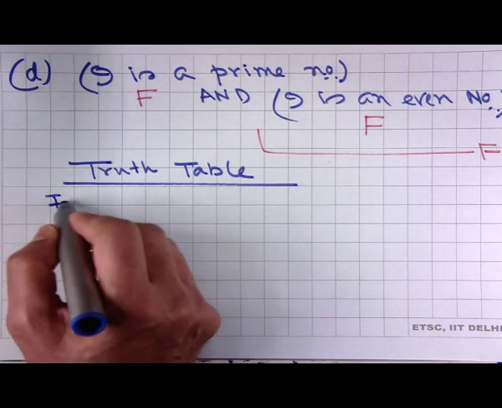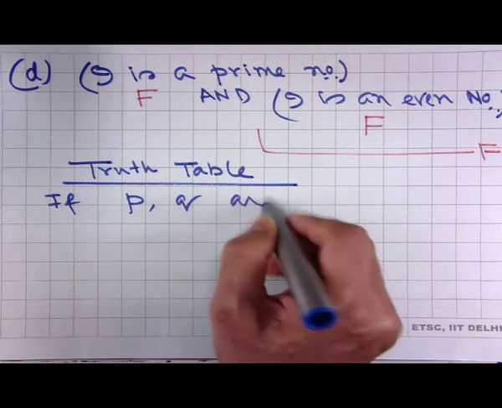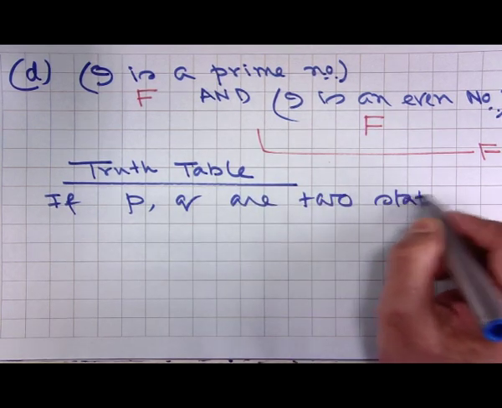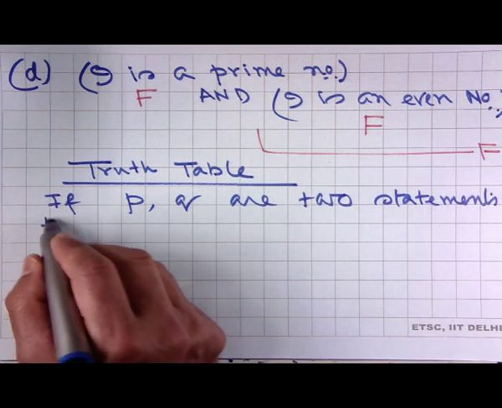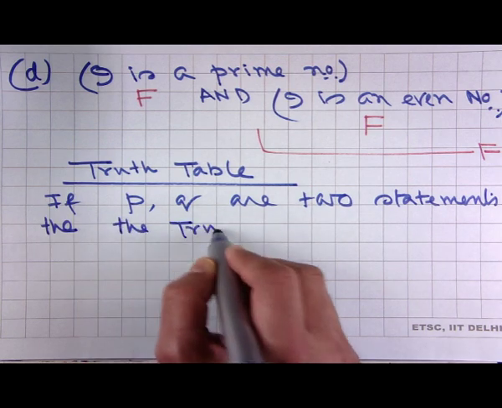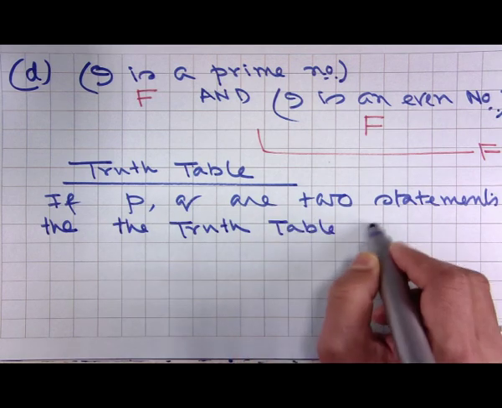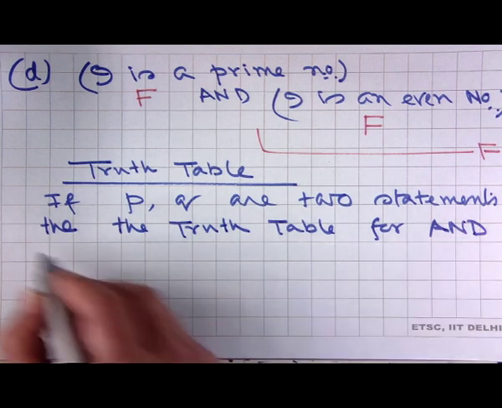If P, Q are two statements, then the truth table for AND is as follows.